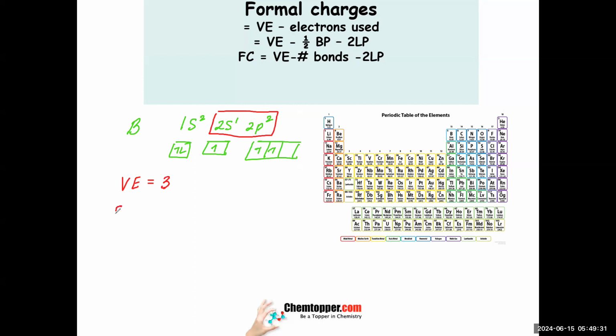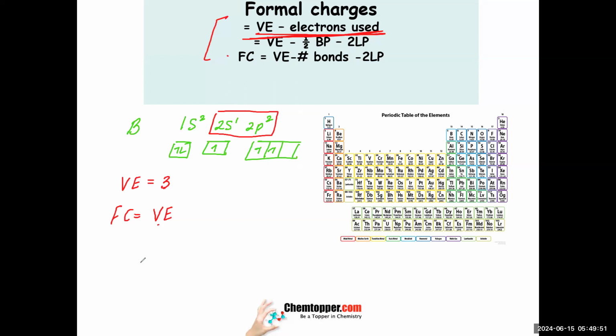So formal charge, the basic definition is this one. First thing, the formal charge is per element. It's not on the molecule, it is on the element.